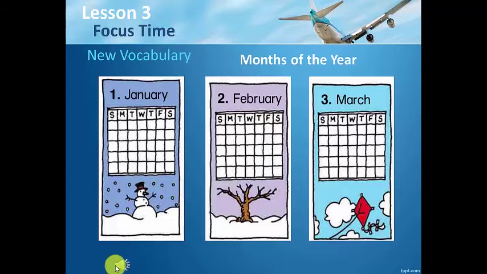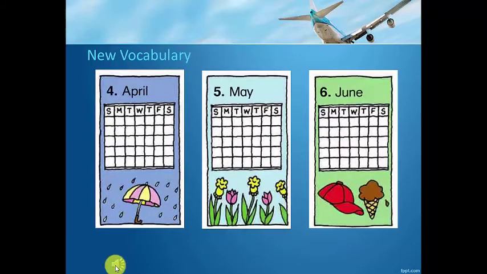January. Number 2. February. Number 3. March. Number 4. April. Number 5. May. Number 6. June.